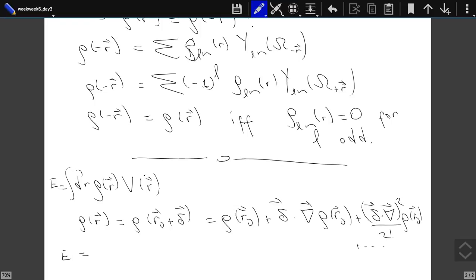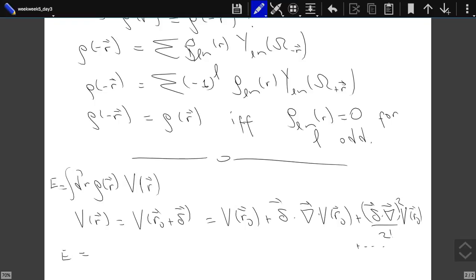Or let's say not rho, but V. You expand the V. Because V of R0, or the derivatives of V at the point R0, you already know. It's what you apply. And furthermore, they are constants.